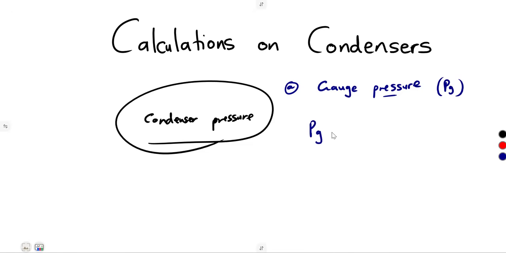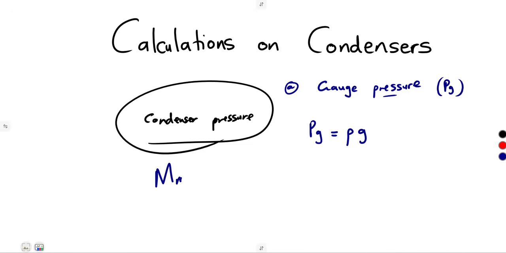So PG is given as density times the gravitational acceleration times the height that we consider. When you consider the height in the gauge, like the manometer, that's the manometer reading, which before we used to write as m.